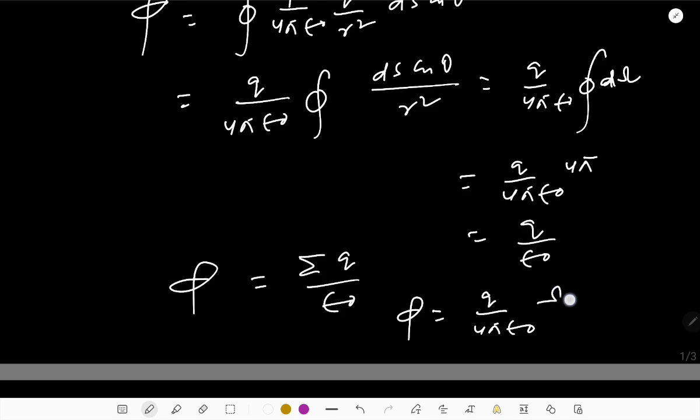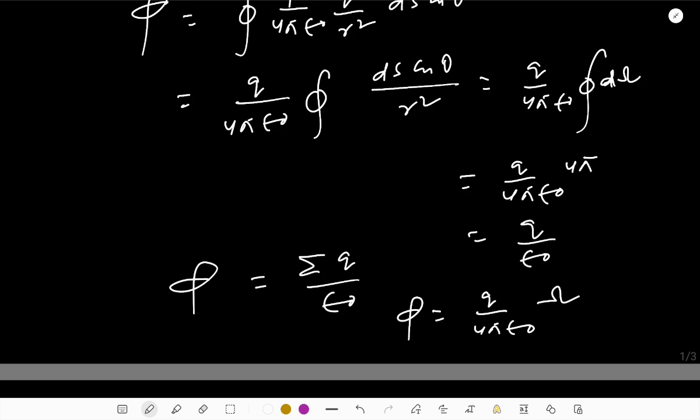You can simply write whatever the solid angle subtended by that open surface at the position of the point charge, and you will calculate the flux, the flow of electric field received by you.